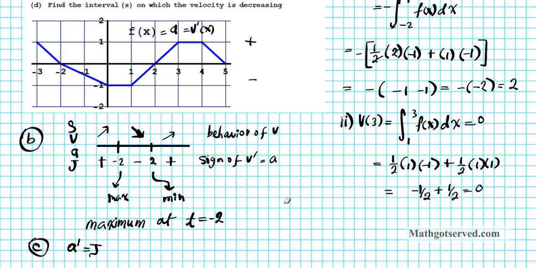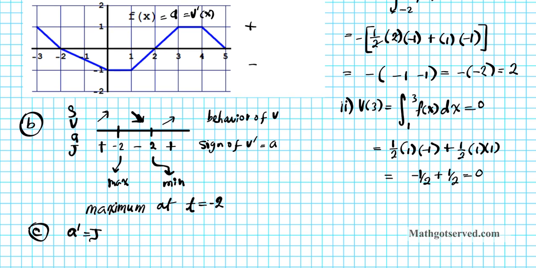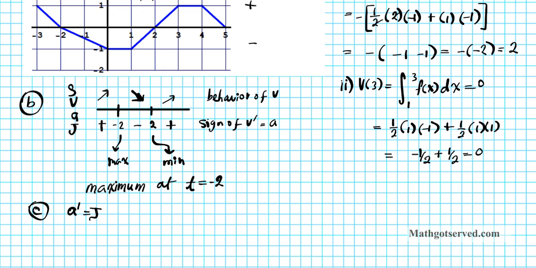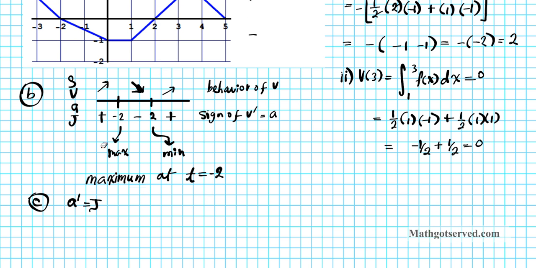Alright, so we're looking for where the jerk is less than or equal to 0. So basically we're looking for where the slope of a is either equal to 0 or negative. Okay? So let's look at this line.